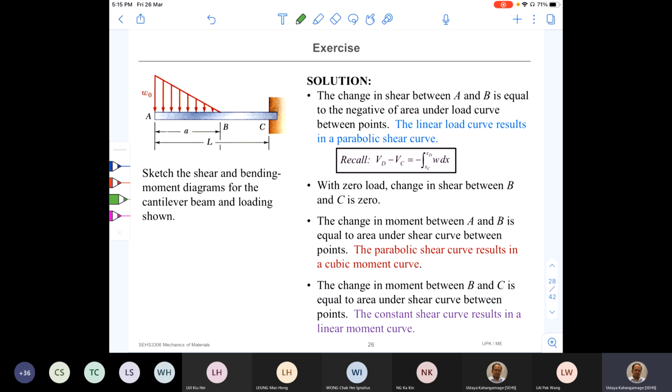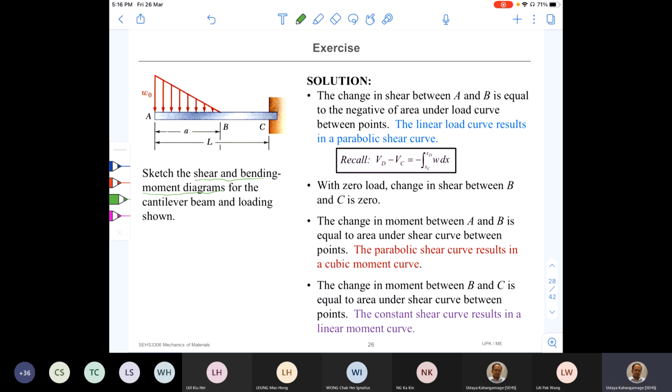Okay, so what we need to do is sketch the shear and bending moment diagrams for the cantilever beam and loading shown. The normal approach is to first draw a free body diagram for the whole system and then find the unknown reactions.